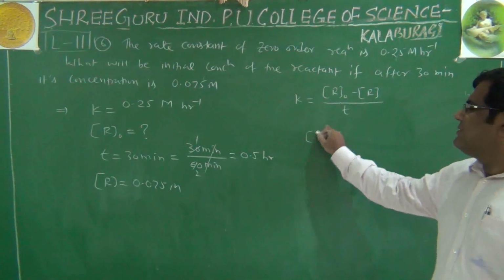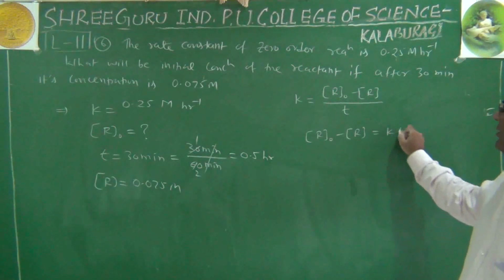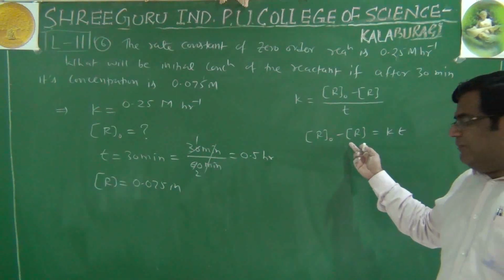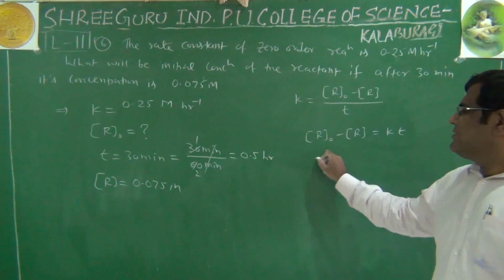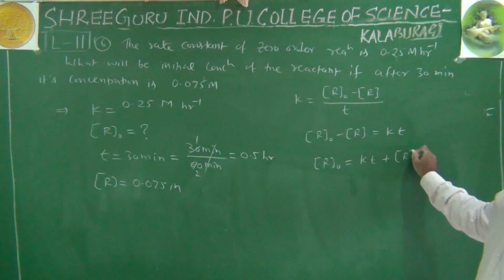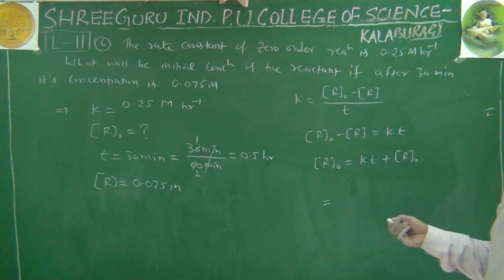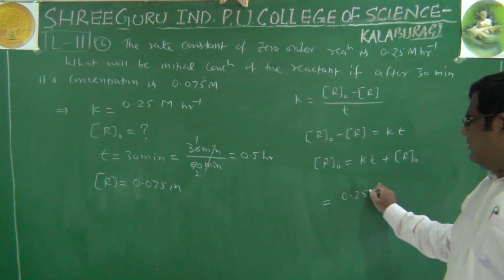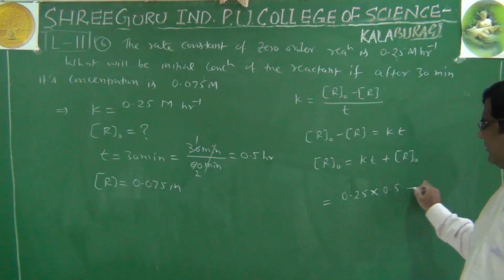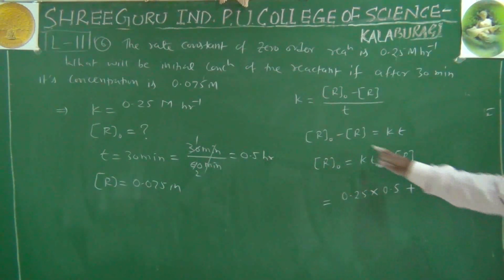And we can write this as R0 minus R equals KT. This is the term which we calculated in the previous question. It can be denoted by X also. So the initial concentration of the reactant is equal to KT plus R, and K is given 0.25 and T we have converted into hours, which is 0.5, and R has to be taken to this side.